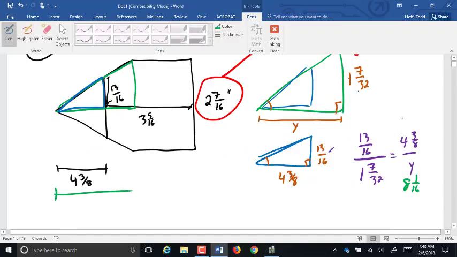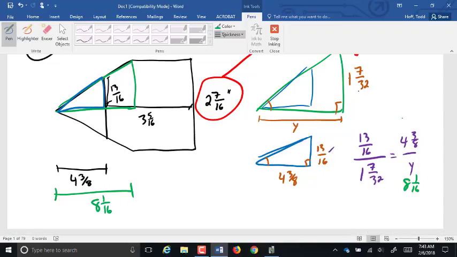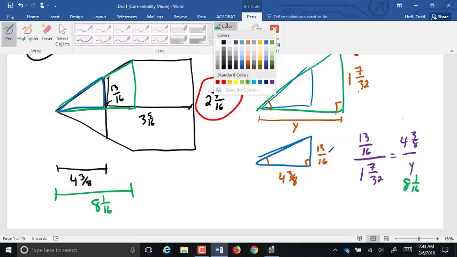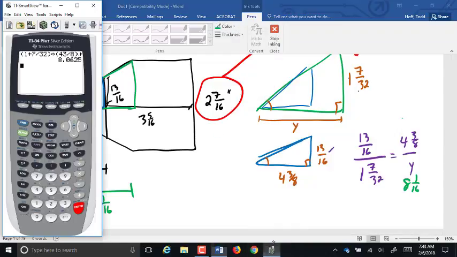So what that means is from here to here is 8 and 1/16 inch. That can't be. Did I? Ah, that'll do it.